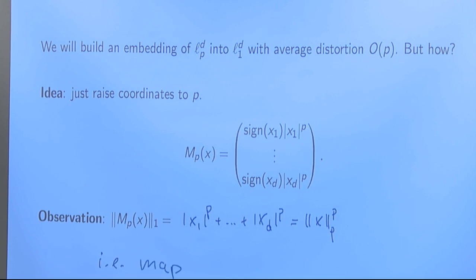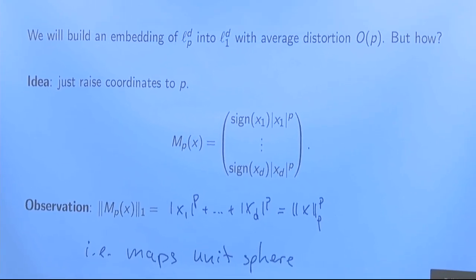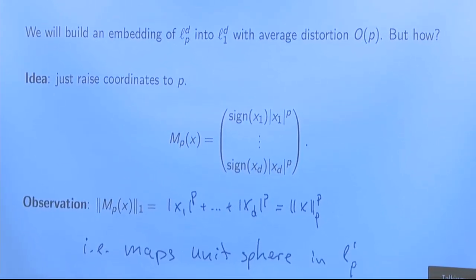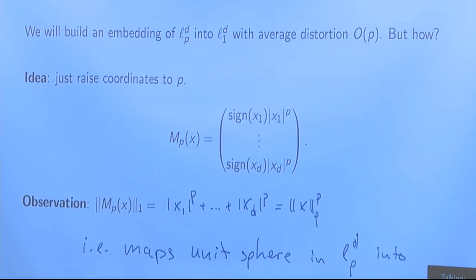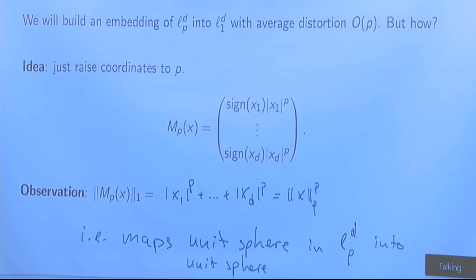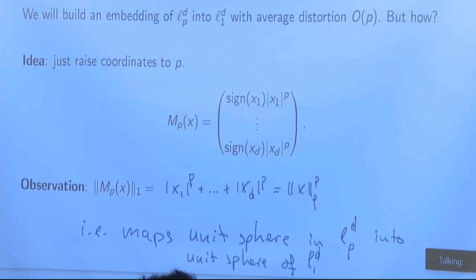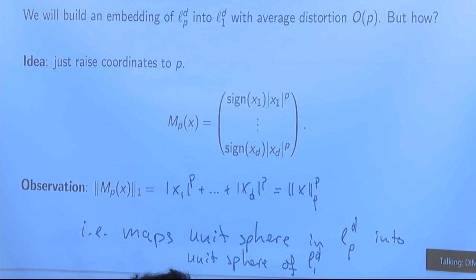So this maps the unit sphere. Unit sphere just means points of norm exactly 1. It does it in a nice continuous way. Good. So again, it maps unit sphere to unit sphere in a nice continuous way.